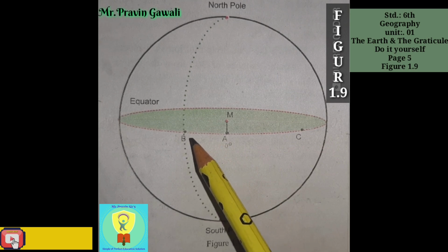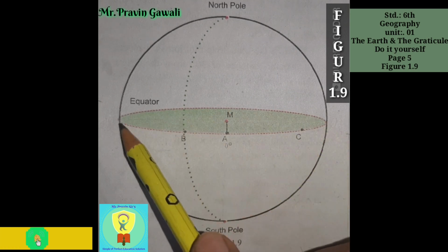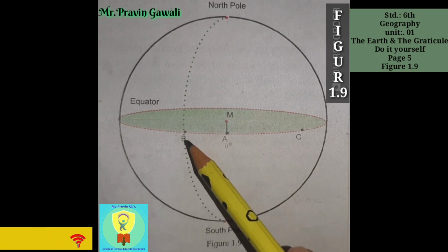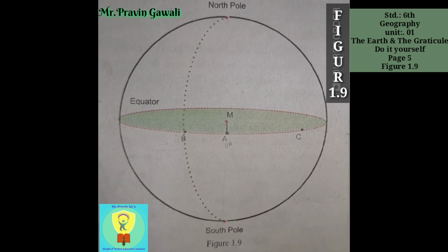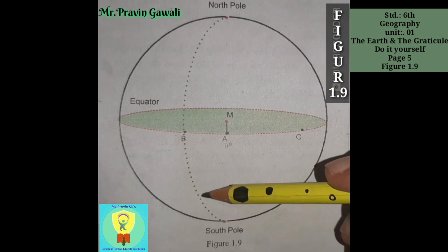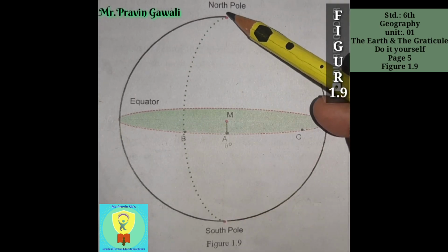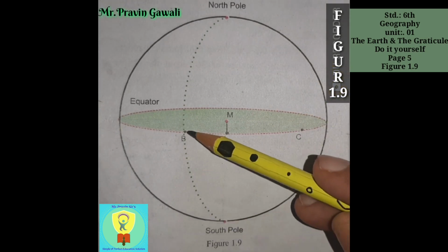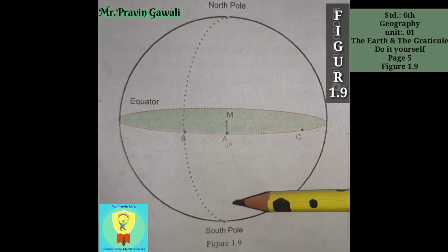On this largest circle, three points are given: point A, point B and point C. A semicircle is also shown which joins the two poles, north pole and south pole. It passes through the point B. With the help of this figure, we have to do the activity.